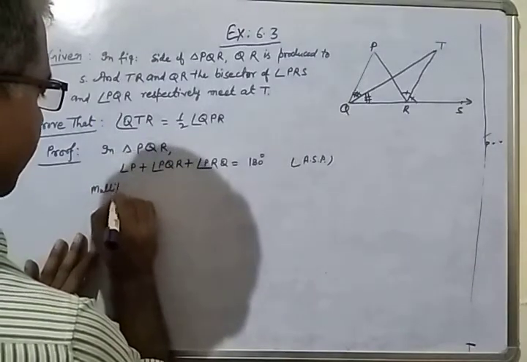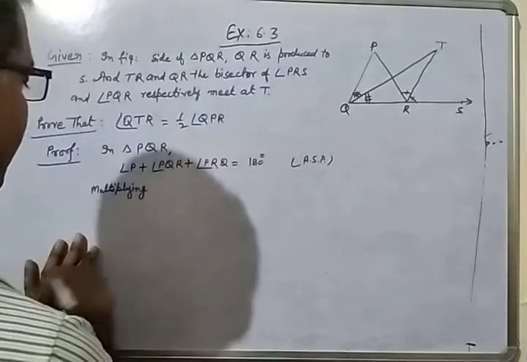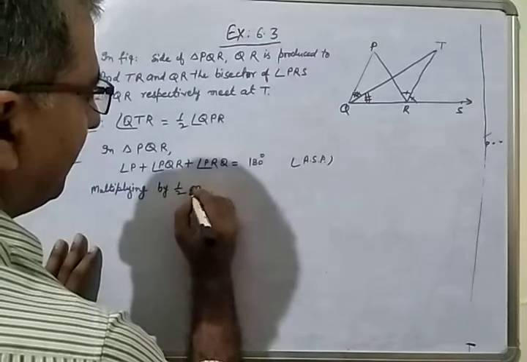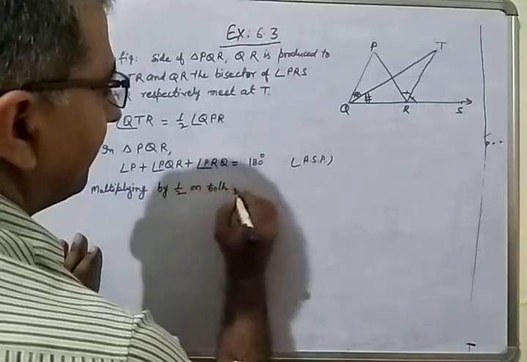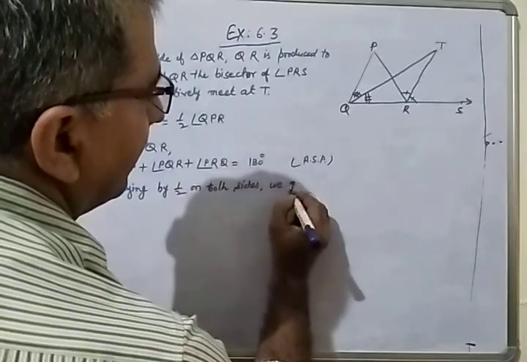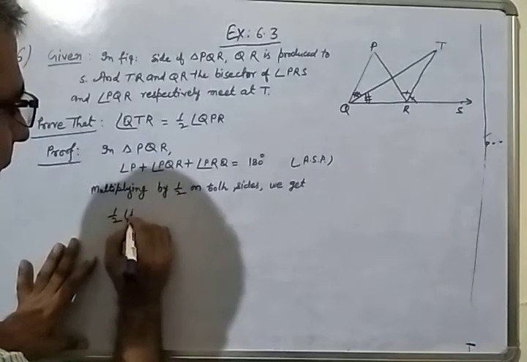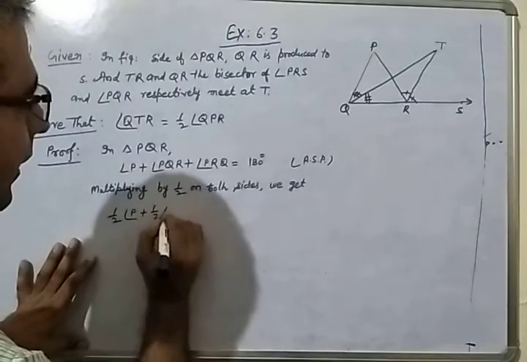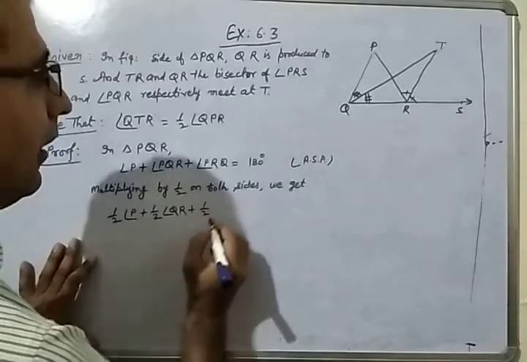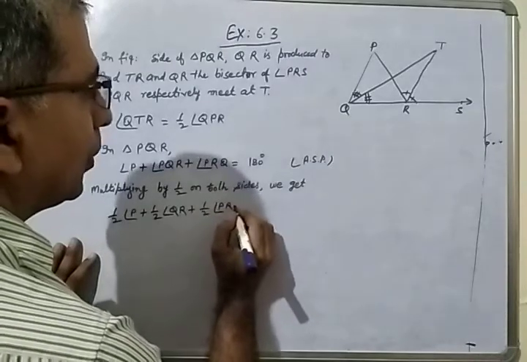Now multiplying by 1/2 on both sides, we get half angle P plus half angle PQR plus half angle PRQ.